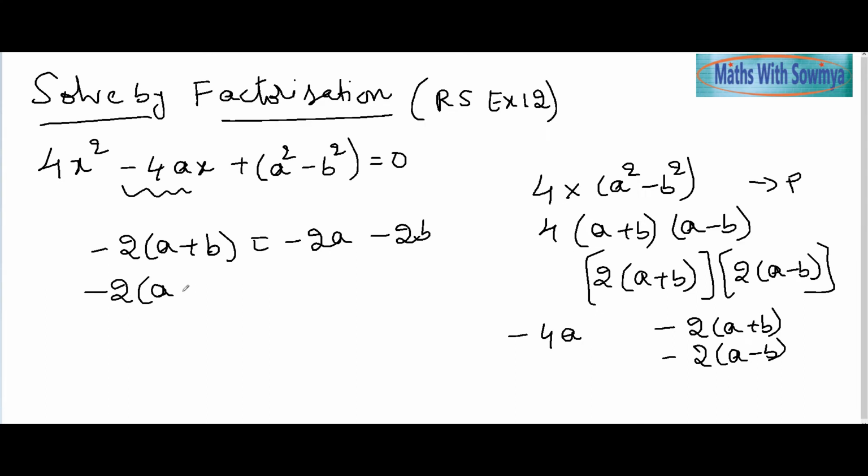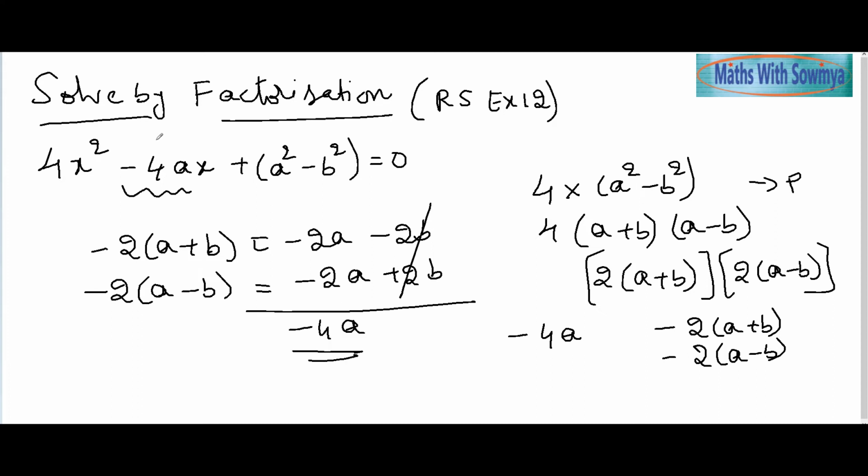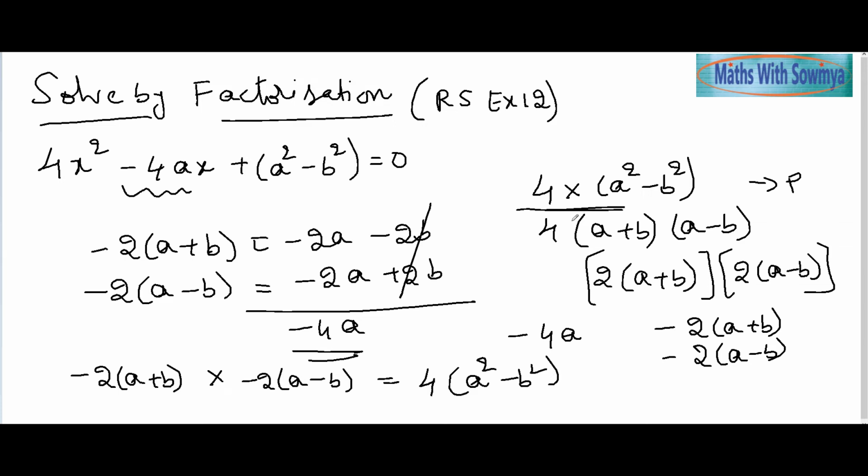Minus 2 into (a minus b) will give me minus 2a plus 2b. So on adding, what do I get? Minus 4a. So this will give me the middle term on adding. Suppose I multiply these two, minus 2 into (a plus b) into minus 2 into (a minus b): minus into minus is plus, so 4 into (a plus b) into (a minus b), a square minus b square. So I reach my product.